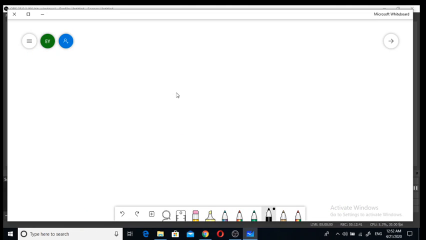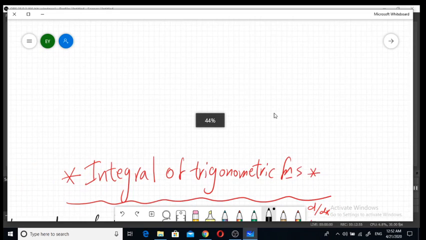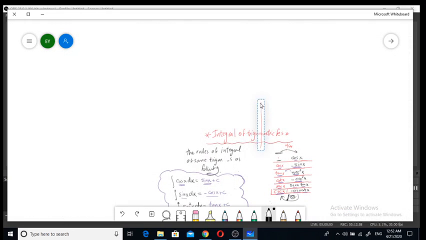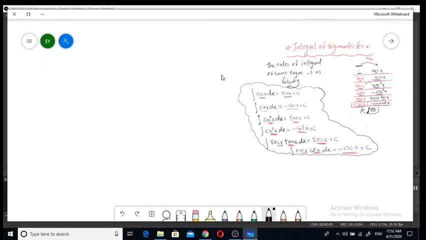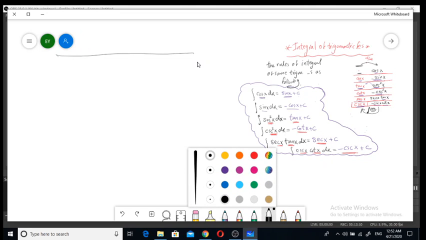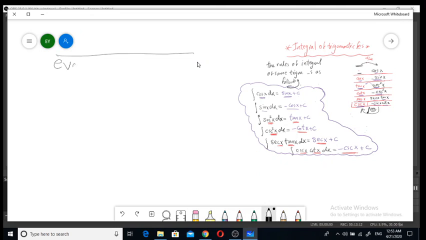Let's see problem 1. Evaluate the following integrals.